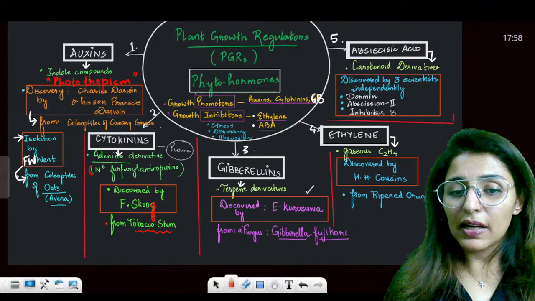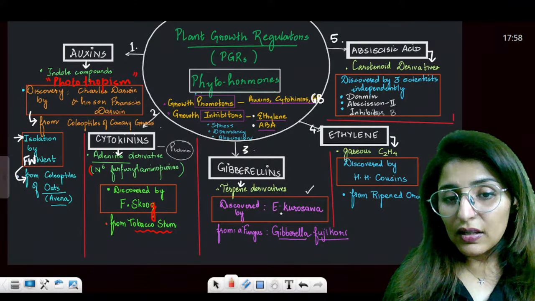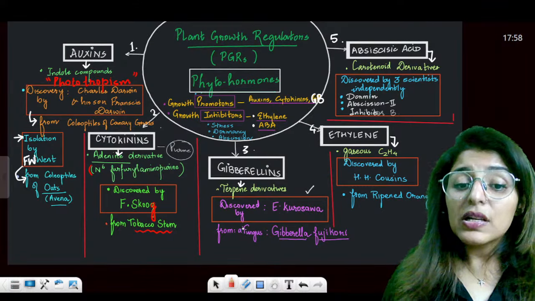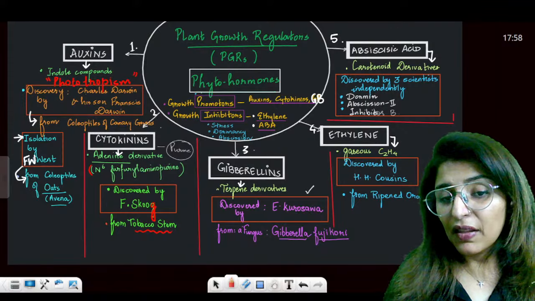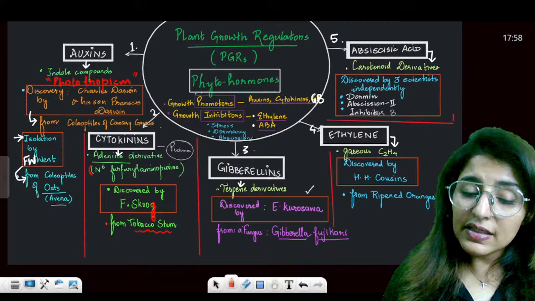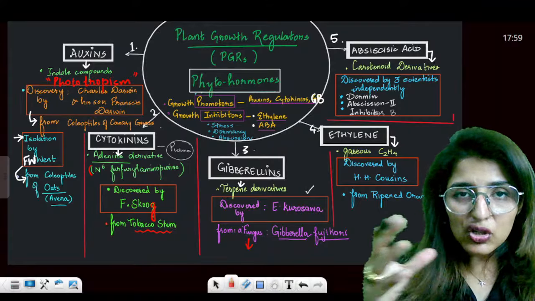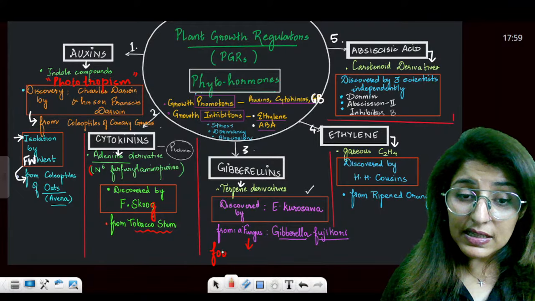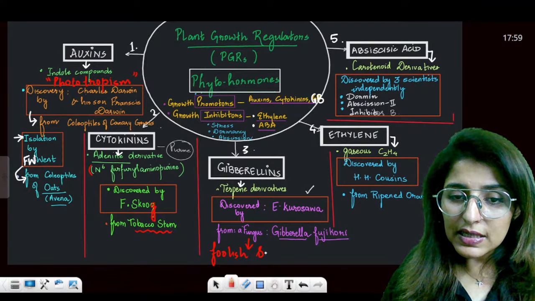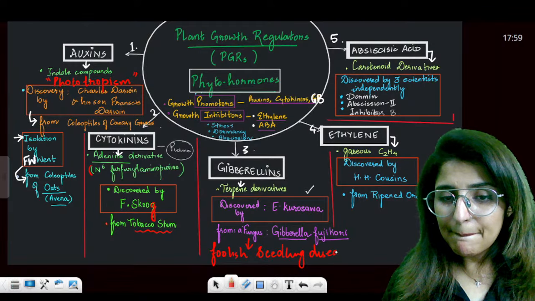Then coming on to gibberellins, terpene derivatives discovered by Kurosawa, a Japanese scientist, from the fungus Gibberella fujikuroi. How did he discover it? He saw that this fungus led to foolish elongation of the rice seedlings. We call this Bakanae disease, the foolish seedling disease of rice.